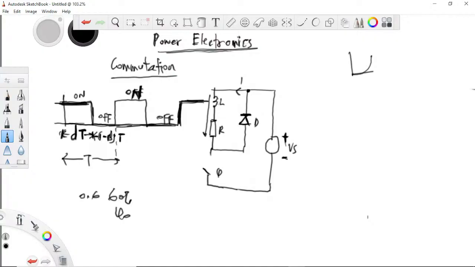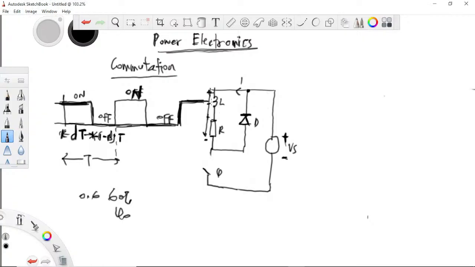Initially when the current was flowing this way, we had plus and minus here. If I have a voltage source like this and a resistor like this, this part is plus, connected to the voltage source. Now, when the switch goes off and the inductor is supposed to supply current, it will act as a source.